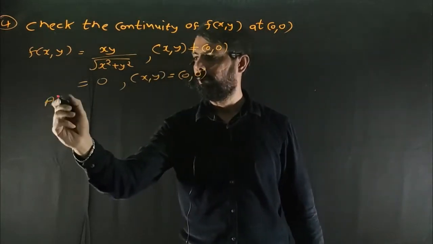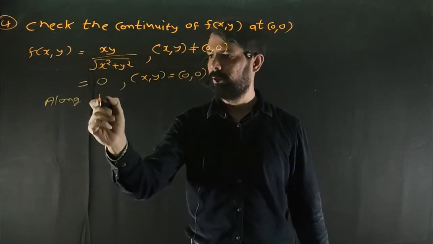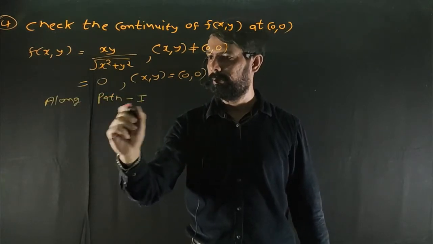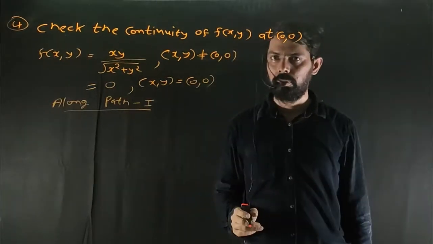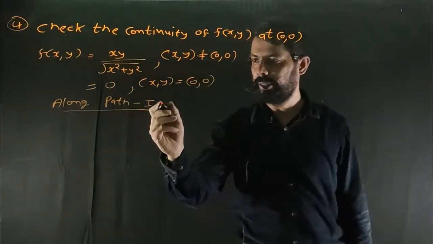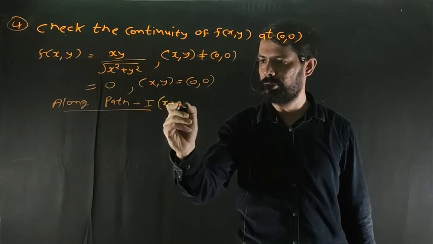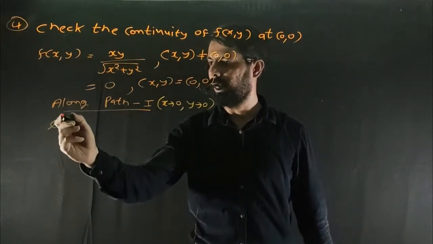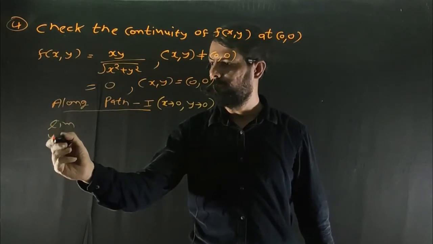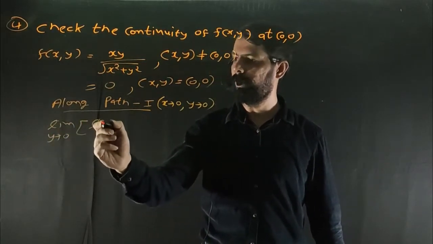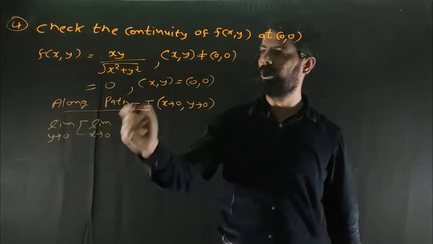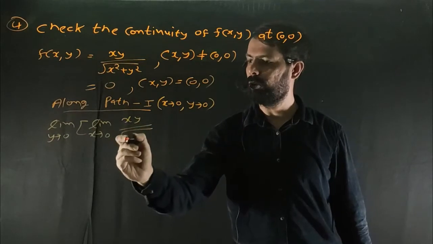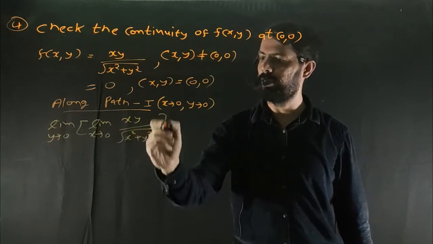So along path 1, limit along path 1, that is first taking x tends to 0, then y tends to 0. So we will write down this as limit y tends to 0 in bracket limit x tends to 0, then function. What is function? It is xy divided by under root x square plus y square.